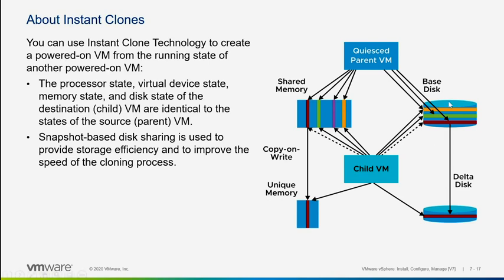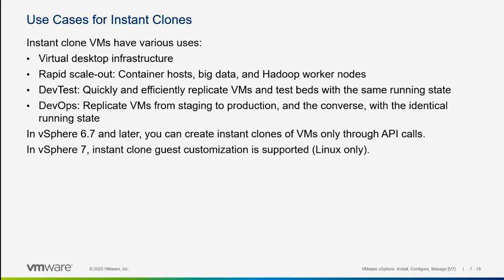So each child VM now gets its own unique RAM and a Delta VMDK file that is then tied to the parent base disk that simply contains the changes that the child VM has made to the disk. Now the child VM can use not only its unique memory and Delta disk, but the shared memory and the shared base disk from the parent. This process makes things really super fast for us to create brand new virtual machines.